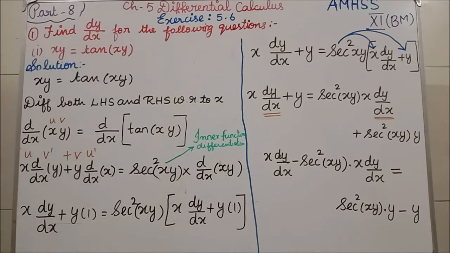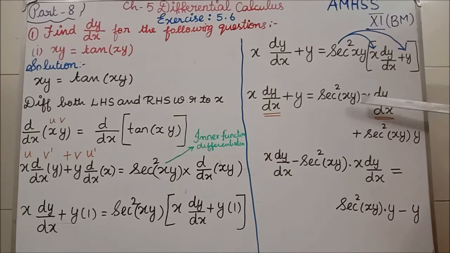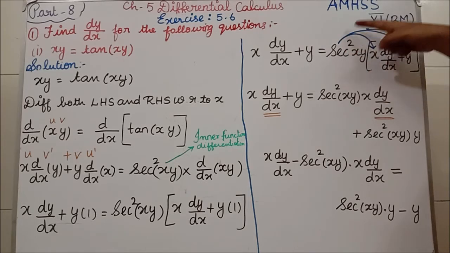The next step I am going to take the secant square xy inside. See here, if I am taking secant square xy, what will I get? This side, LHS part, I am writing as such, secant square xy into x dy by dx plus, in between plus, and secant square xy into y.